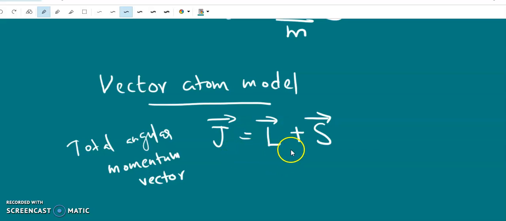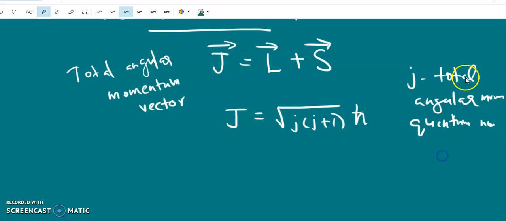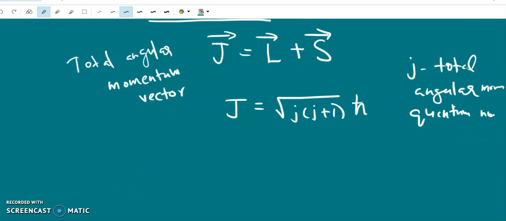Like orbital angular momentum and spin angular momentum, the magnitude and the direction of the total angular momentum are also quantized. The magnitude of the total angular momentum is given by J equal to root of small j into j plus 1 times h-cross, where small j is the total angular momentum quantum number. Also the direction of the total angular momentum vector is quantized.